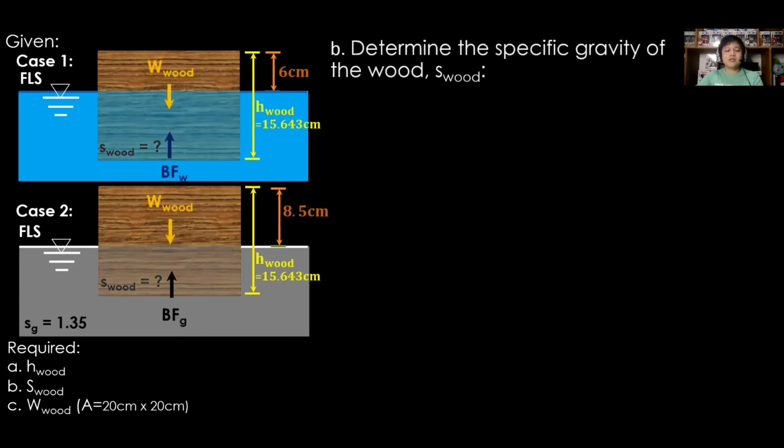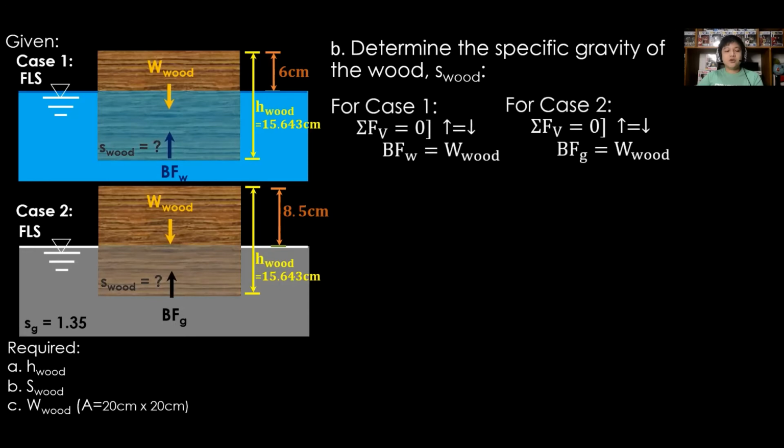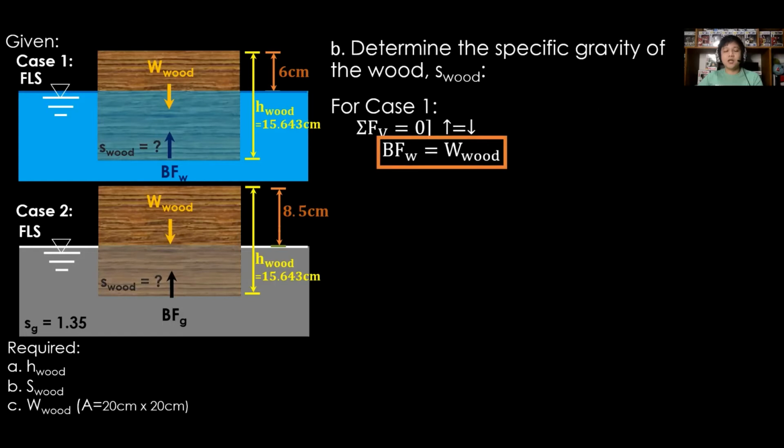Next, consider specific gravity of the wood, that is S wood. You may consider equation either from case 1 or case 2. For this sample, let us consider case 1 equation, wherein BFW is equal to W of the wood. For the buoyant force of water, it is equal to the gamma of water times the displaced or submerged volume for case 1. And the weight of the wood is gamma of the wood times the volume of the wood.